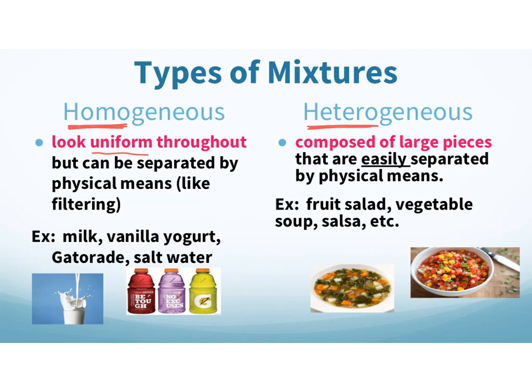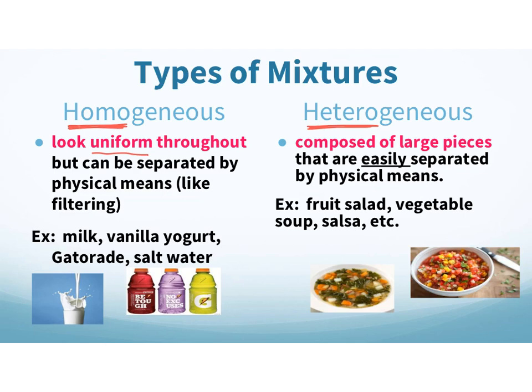Examples here are milk, vanilla yogurt, Gatorade, salt water. All of these are homogeneous mixtures, because anywhere I look in these substances is going to look the same no matter what. But they are mixtures still, because we have molecules that are separate from one another, existing alongside each other.